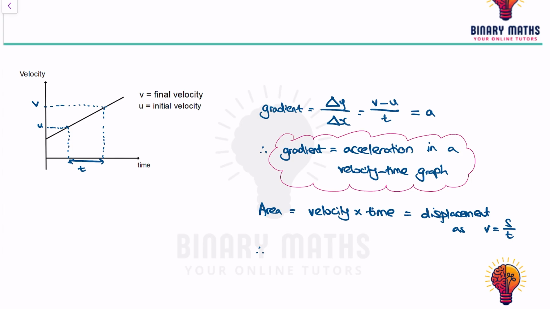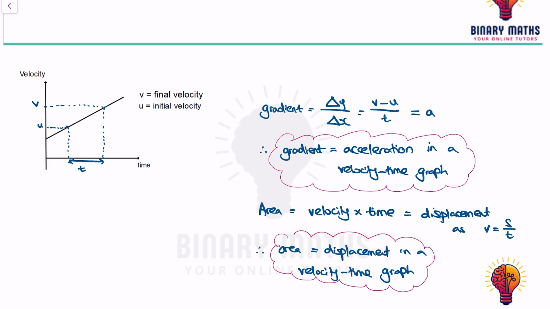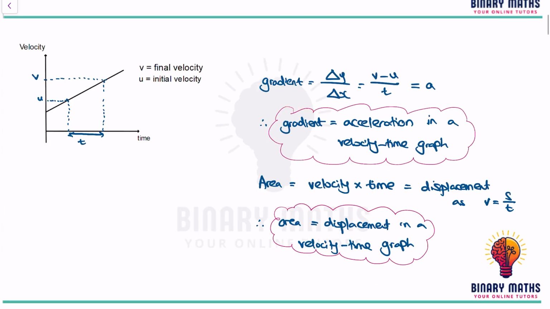Therefore, the area under is equal to displacement. So area is equal to displacement in a velocity time graph again. So gradient is acceleration, area is displacement.